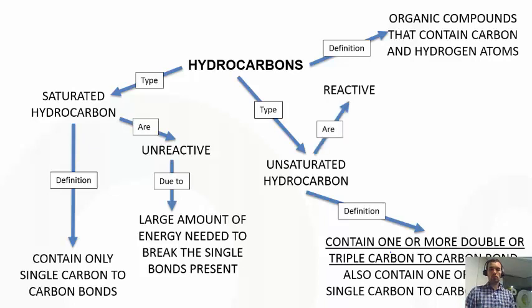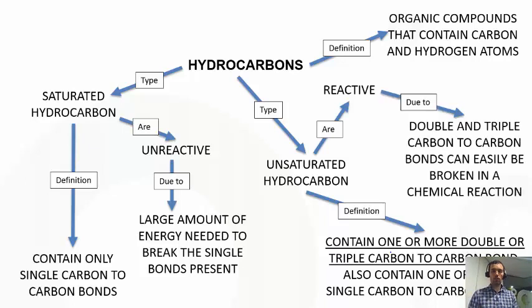Because of the presence of this multiple carbon-to-carbon bond, these structures are more reactive, more likely to react with another compound. This is because these double and triple carbon-carbon bonds can be broken more easily than a single carbon-to-carbon bond in a chemical reaction. By doing this, we can add in other atoms by forming new covalent bonds, which is something we'll explore a little bit more in a later session.